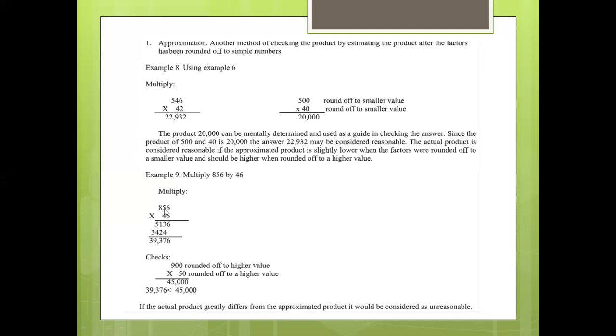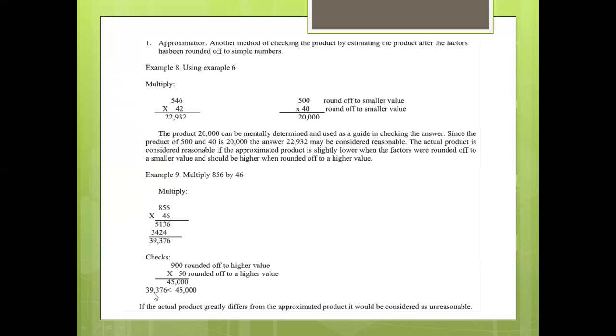Since our next digit is greater than 5, we will be rounding off 8 into 9. So 900, and then 46, 6 is greater than 5, so 4 becomes 5. So 900 times 50, we have 45,000.